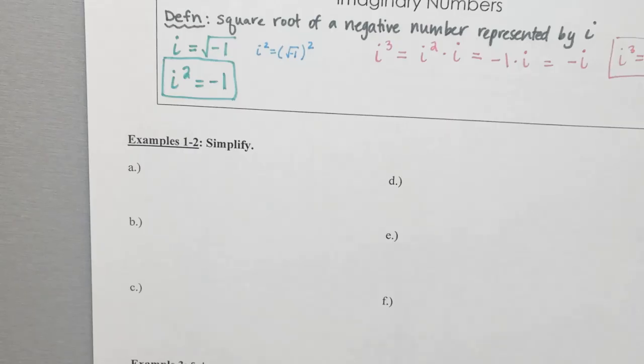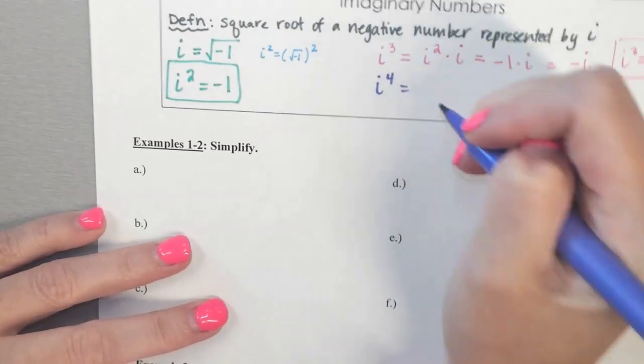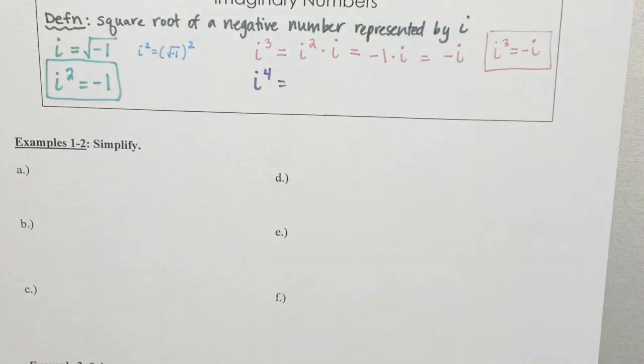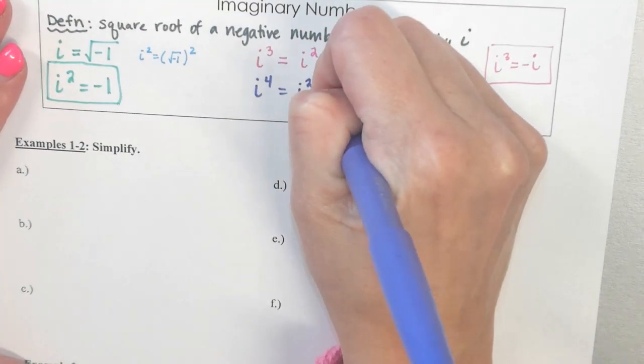Should I let you guys try i to the fourth? Think you could rewrite that one? There are a couple ways you can think about it. You can think of it as i cubed times i. You could also just think of it as i squared times i squared.